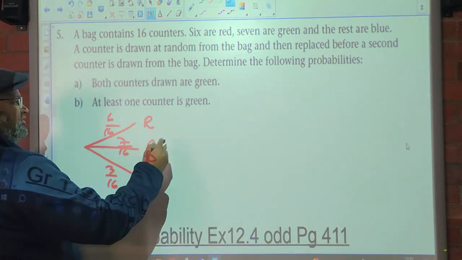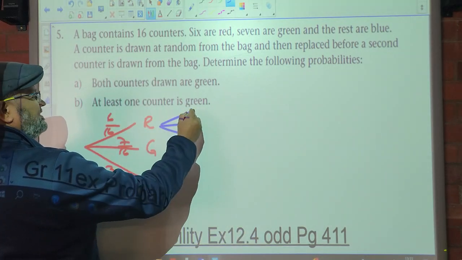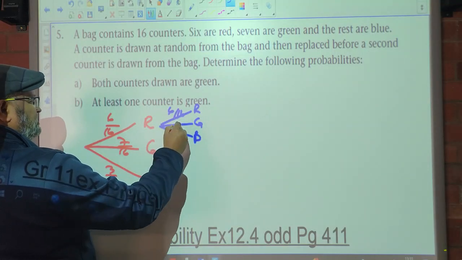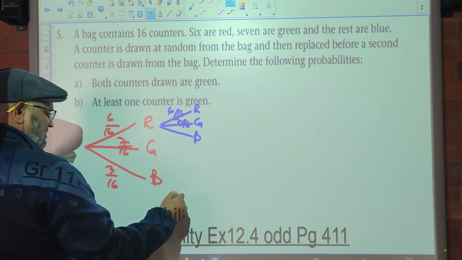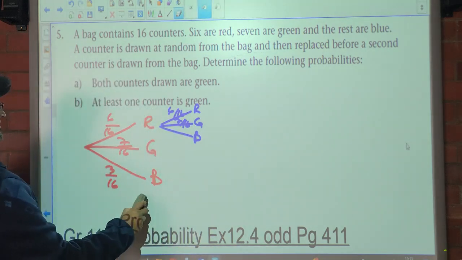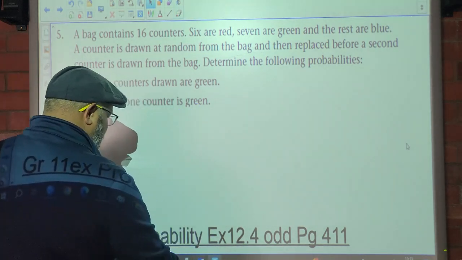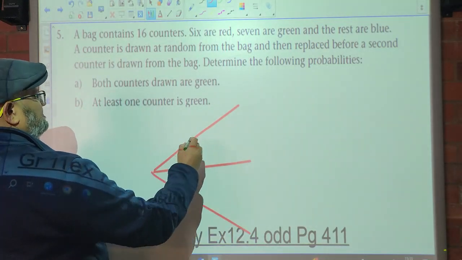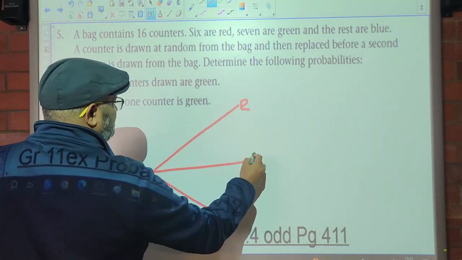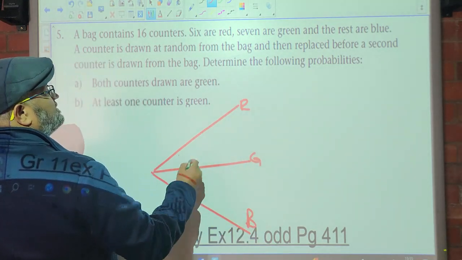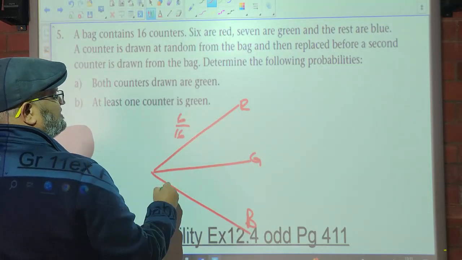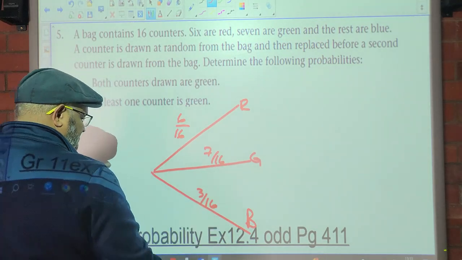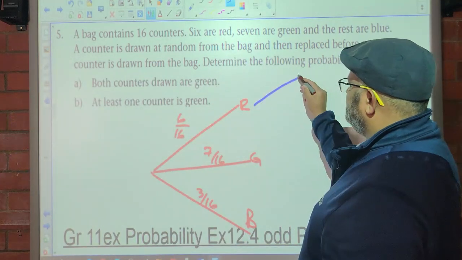Not so. So what happens is, and this is the first draw, no? On the second draw, it can either be red, green, or blue. The same probability. Not so. So to make it a bit bigger. And this is the red, green, blue. So red was 6 out of 16, green was 7 out of 16, and blue was 3 out of 16. Okay. That's on the first row.